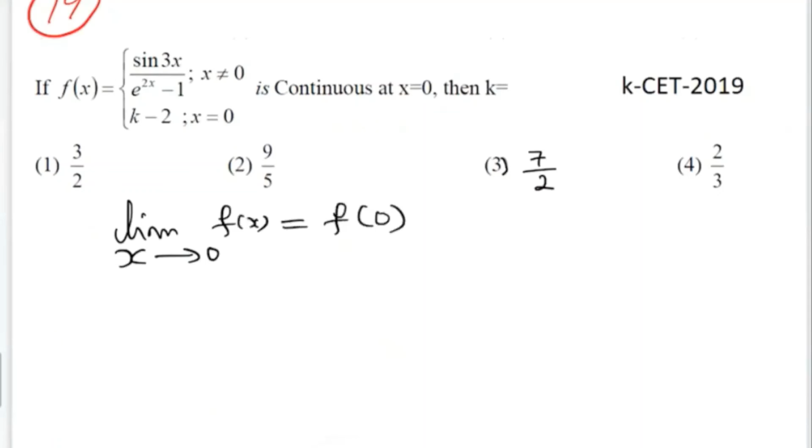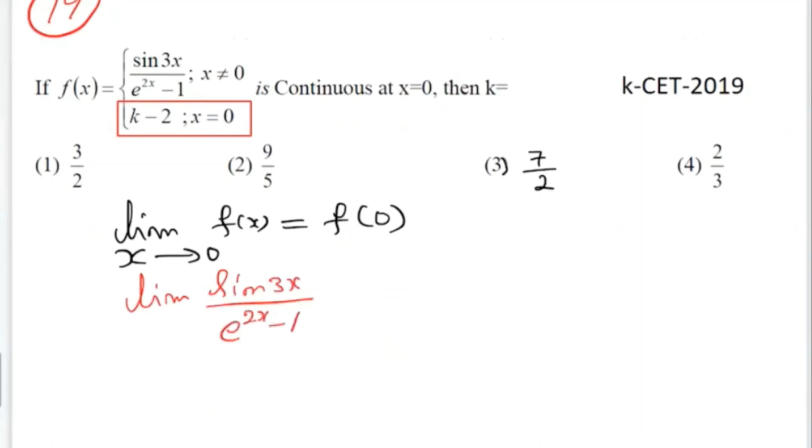So here when x is 0, f of x is defined as k minus 2. Limit of f of x is sine of 3x upon e power 2x minus 1, as x tends to 0. This is k minus 2.